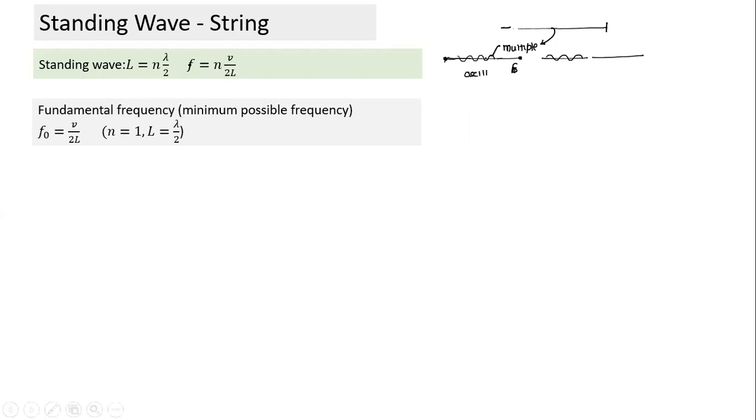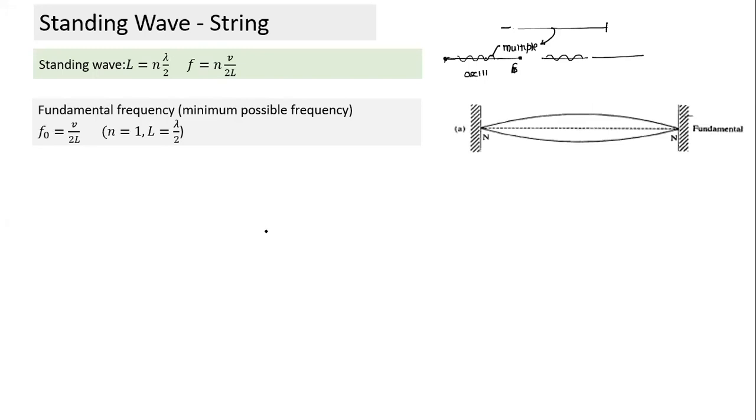The fundamental frequency is the minimum possible frequency at which a string can oscillate, and it corresponds to n equal to 1. When you substitute n equal to 1, that's called the fundamental mode of vibration. The minimum frequency is v by 2L, and we denote it as f naught. F naught is v by 2L, corresponding to n equal to 1. In that case, the length of the string will be equal to half the wavelength.